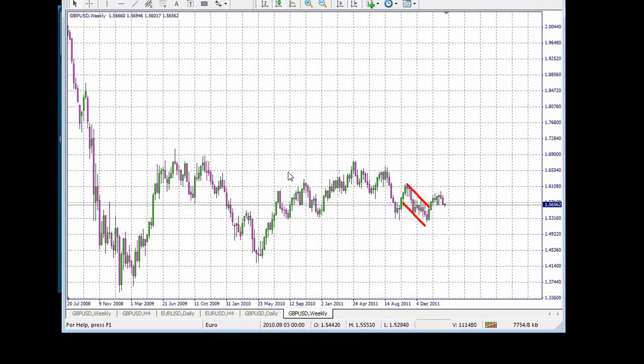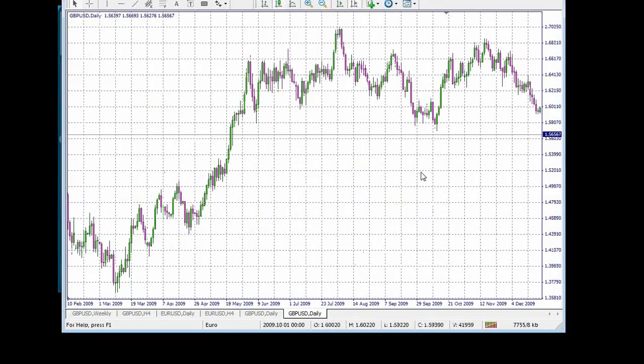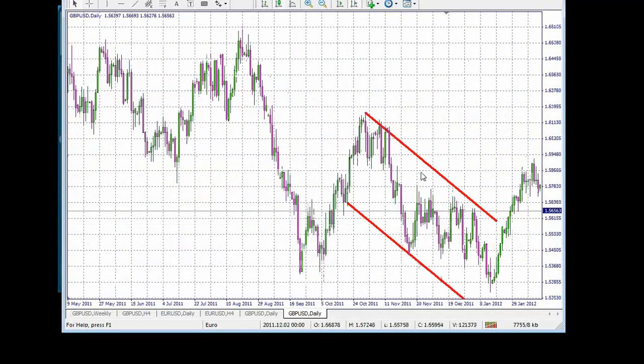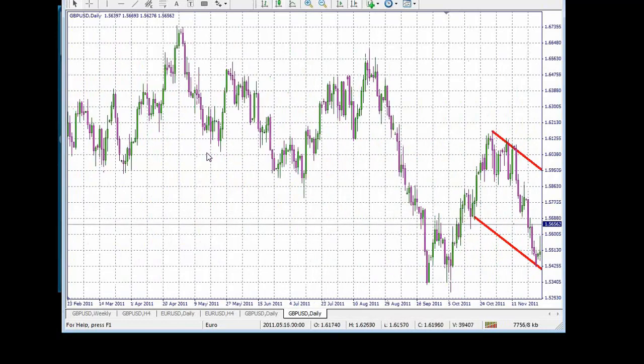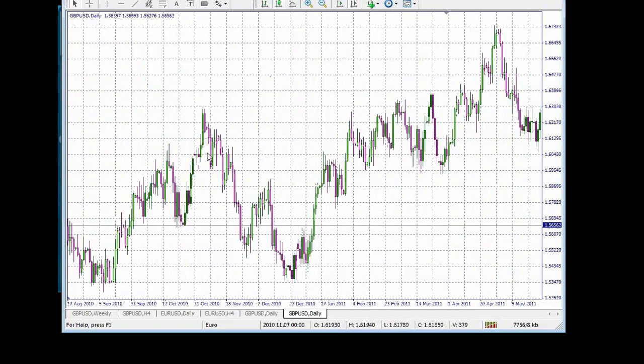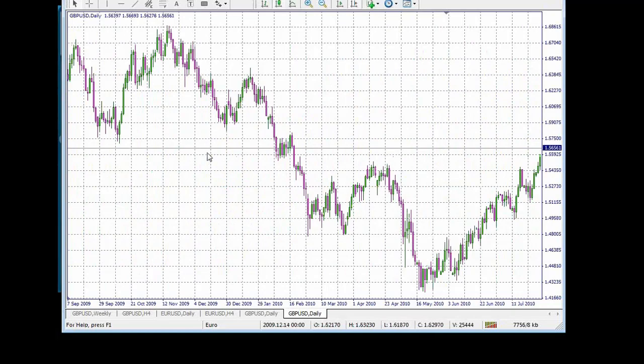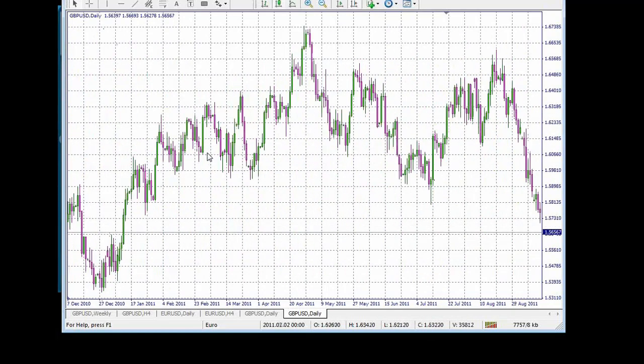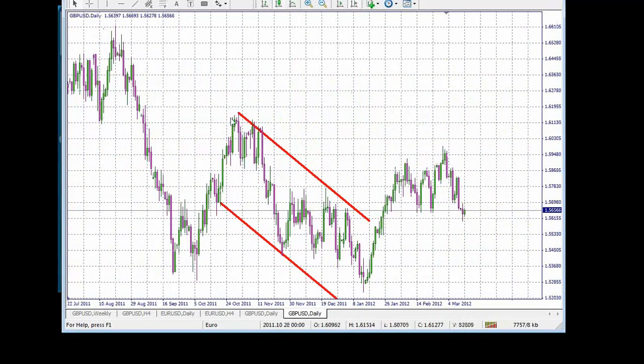Actually on weekly, this is how I was thinking. For me this one was one cycle based on what was happening on weekly.